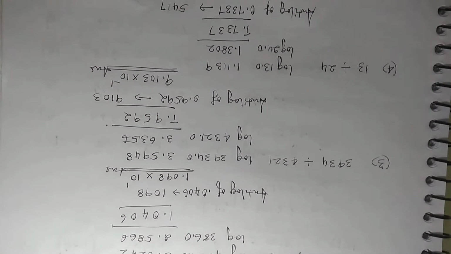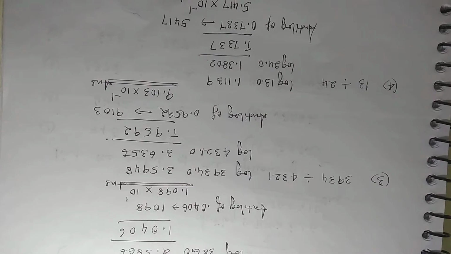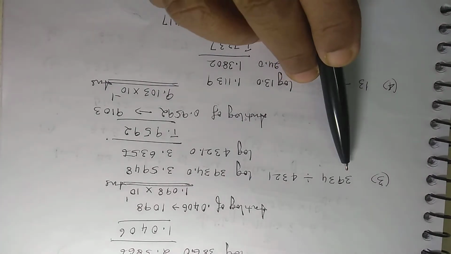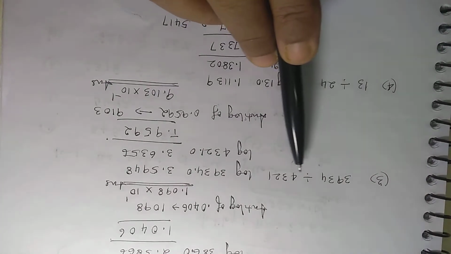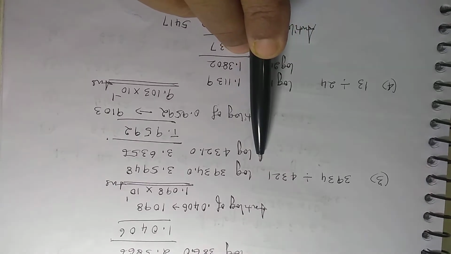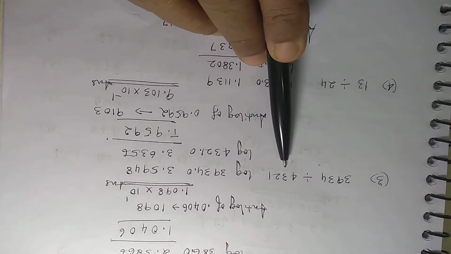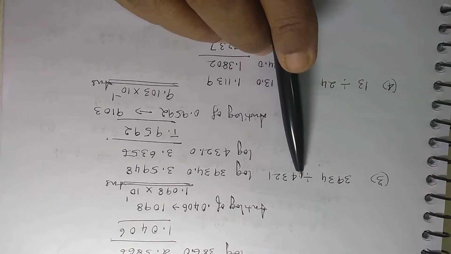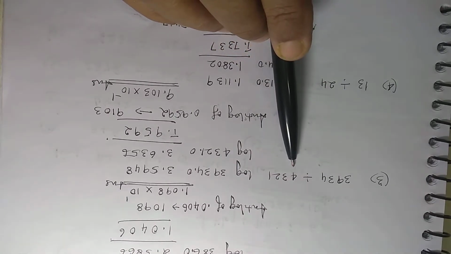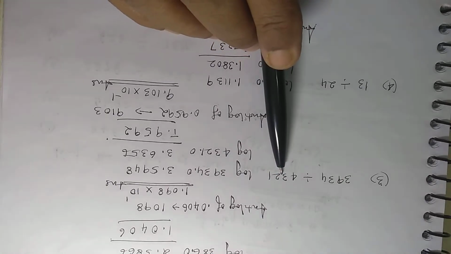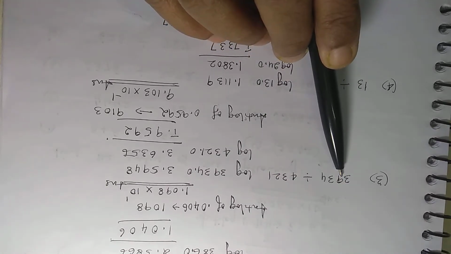Now I want to tell you something more. Supposing you want to divide 3934 by 4321. Now this is very clear to you. From the very look you can find out that the number you are dividing is smaller than the number you are dividing by, is it not?